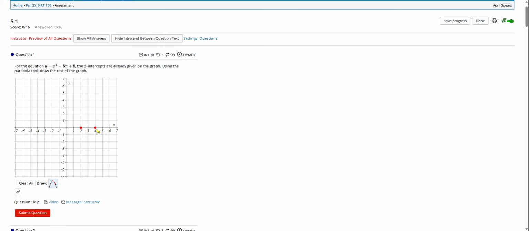Look what happens if I click the red dot first. Uh-oh. It puts the bottommost point in the wrong spot. Now if I click 3, negative 1, it has both correct dots, but it put the parabola in the wrong direction. So the vertex has to be the first dot, and then the red dot has to be the second one.